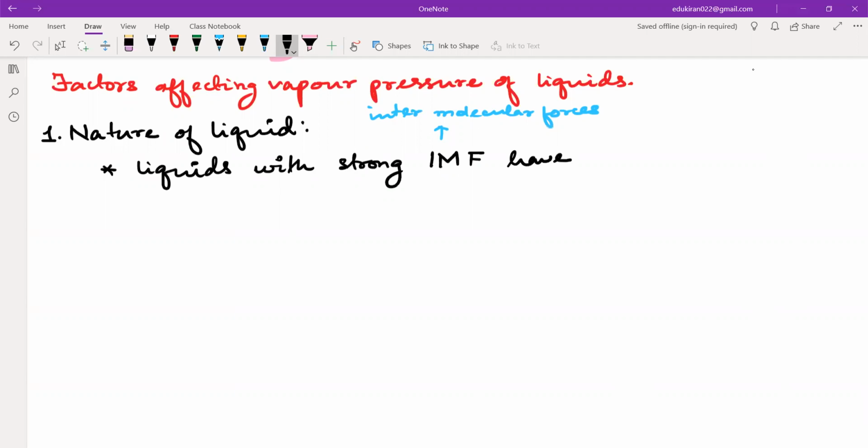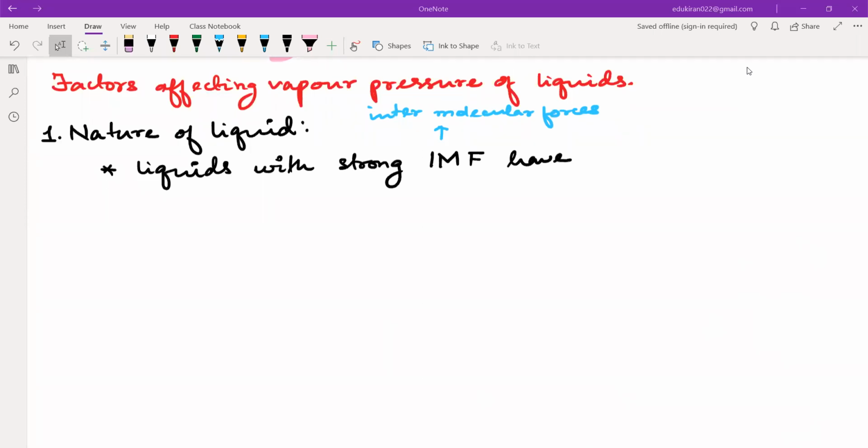If you have strong intermolecular forces, the molecules will be sticking together. Yes or no? If they are sticking together, will the vapor pressure be high or low?